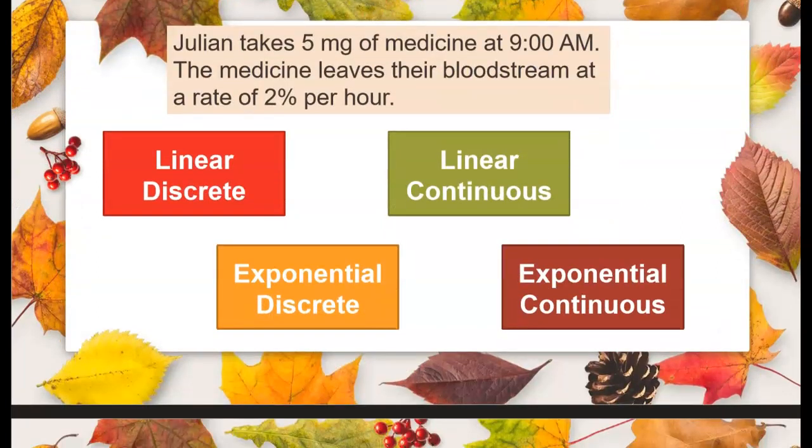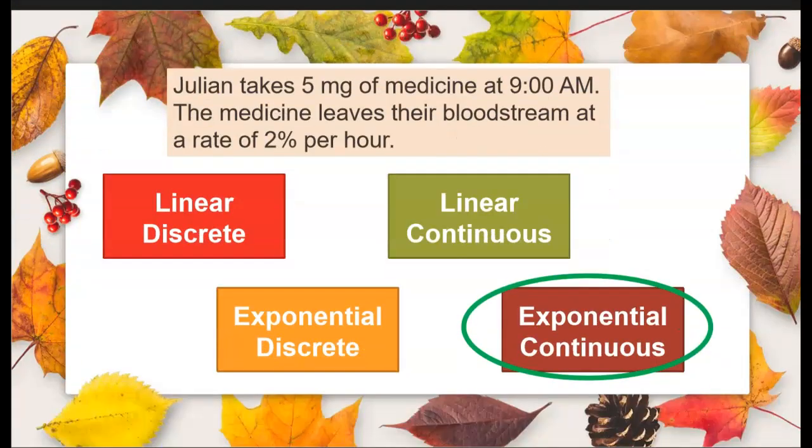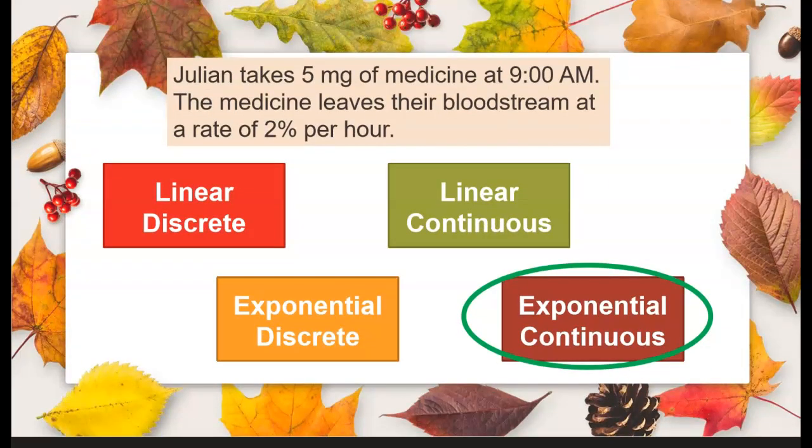Julian takes 5 milligrams of medicine at 9 a.m. The medicine leaves their bloodstream at a rate of 2% per hour. What kind of equation is this describing? This is exponential continuous.